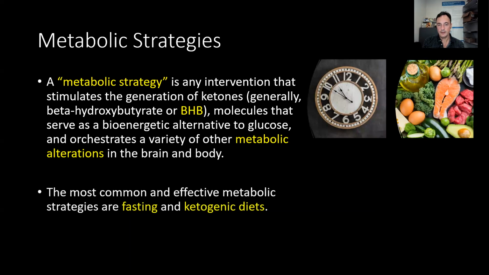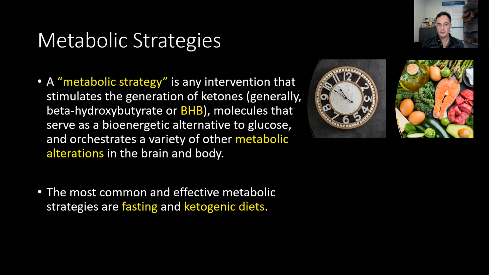So the most common and effective metabolic strategies are, without a doubt, fasting and ketogenic diets. Fasting is just a voluntary restriction from food and or drink for at least 12 hours. A ketogenic diet is a high-fat, moderate protein, low carbohydrate diet. Basically, both of them make the brain and body run on high levels of fat.